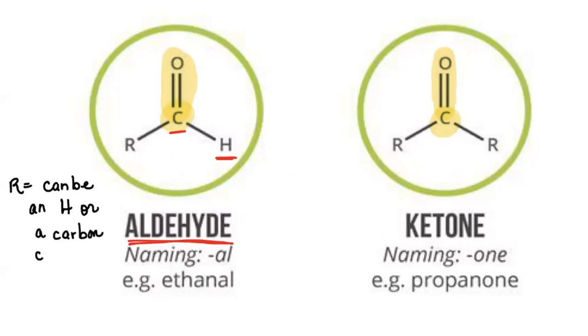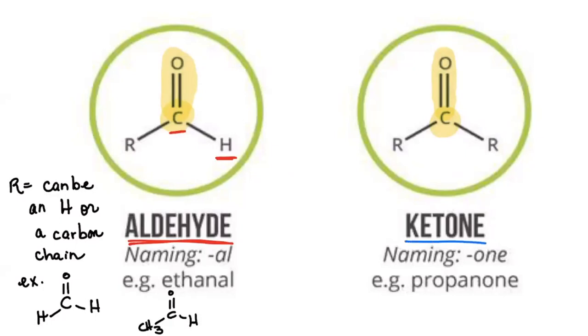So for example, if I have the molecule C double bond O H, and it has an H to the other side, that is an aldehyde. But if I have a C double bond O, H on one side, and a CH3 on the other side, that is also an aldehyde. Okay, so as long as you have a carbonyl attached to a hydrogen to one side, it's going to be called an aldehyde.